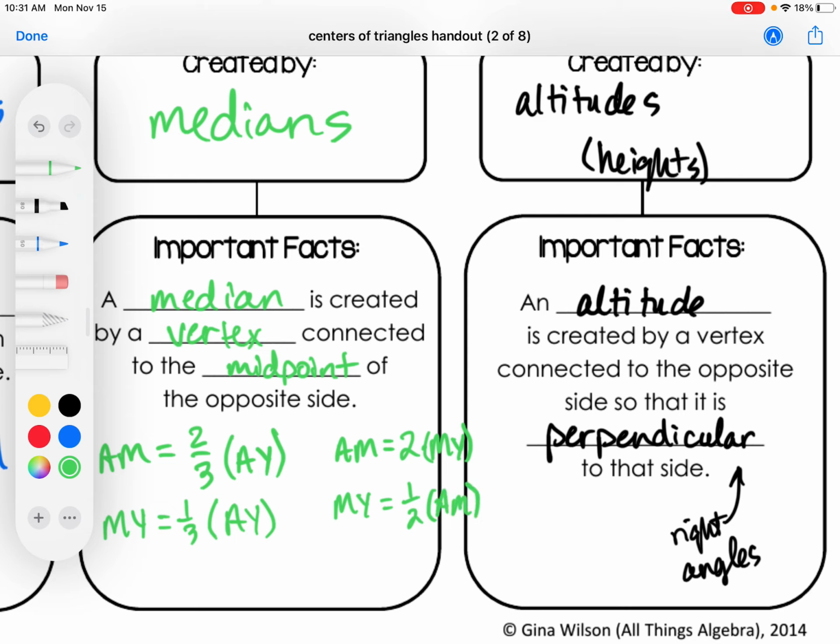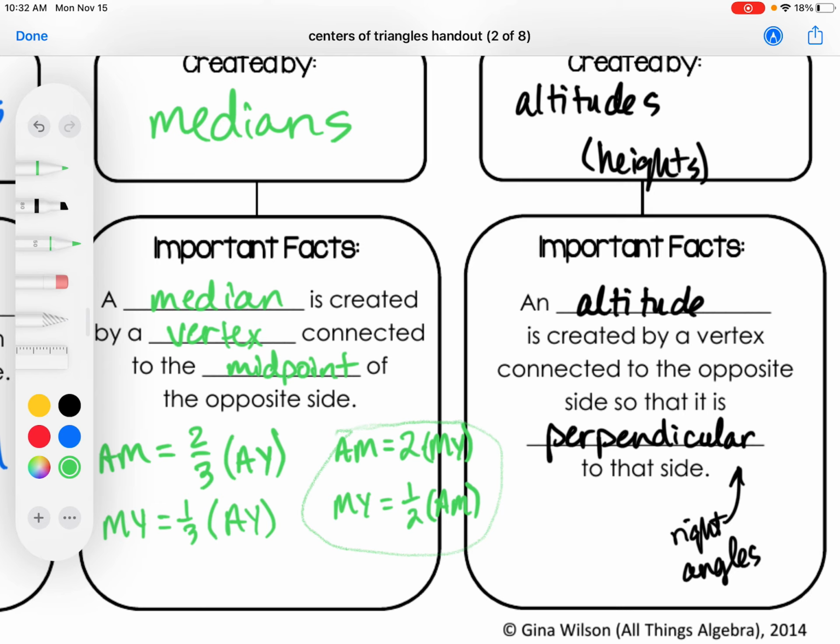Now I'm going to tell you that these two on the side over here are going to be a little bit easier to use a lot of times than trying to multiply something times 2/3. Okay? So if you already have one of the smaller pieces, definitely use these. Okay? You're not going to be able to every time, but if you can, if you already have one of the small pieces given to you, use these equations on the right side.